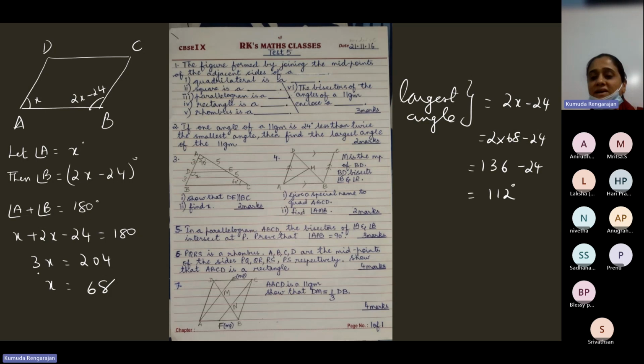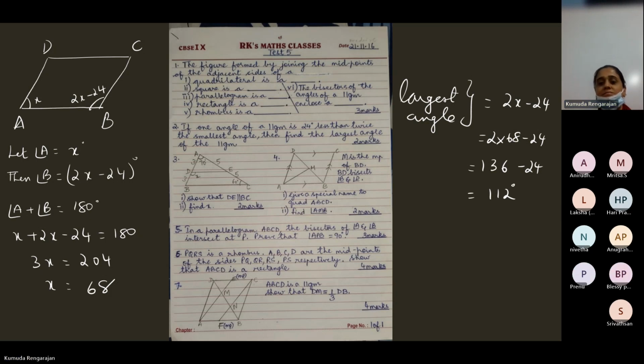Largest angle is 112 degrees. Huh? I made a mistake. You have made a mistake. All of you have made the same mistake. Minus from it.